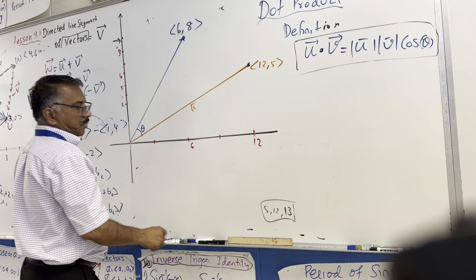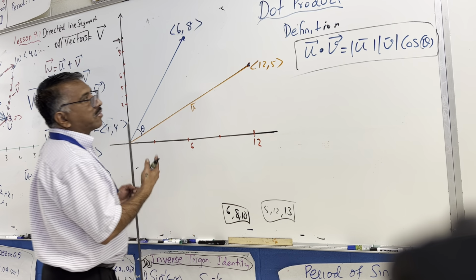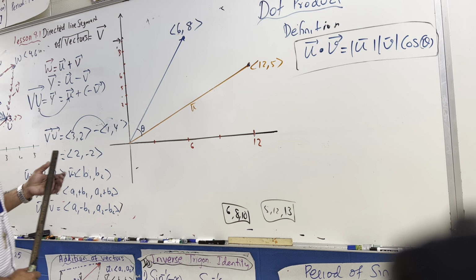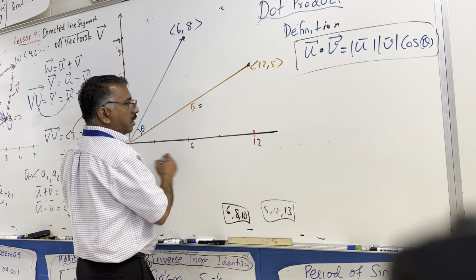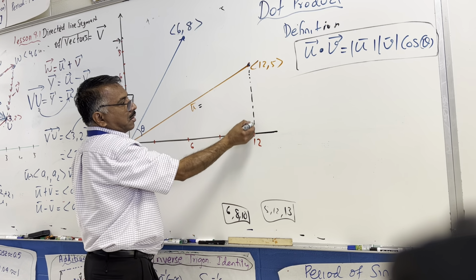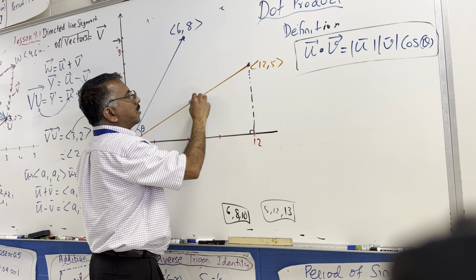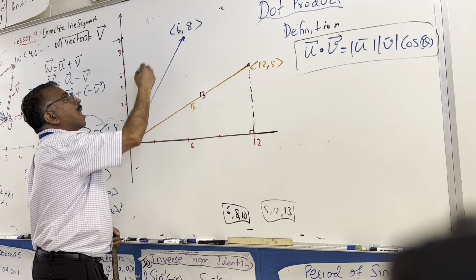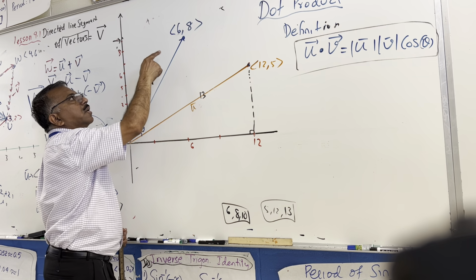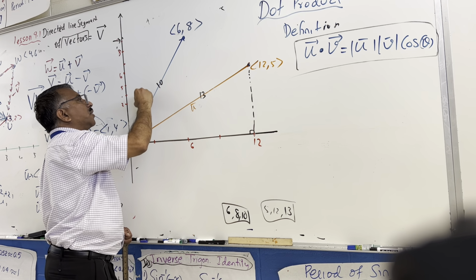And 6, 8, 10 also forms one, and that's why I selected these two, so that the magnitudes work out. The magnitude of this u bar is 13: if you take 12 squared plus 5 squared and take the square root, you get 13. And for 6 squared plus 8 squared, 36 plus 64 is 100, so the magnitude is 10. This is v bar.